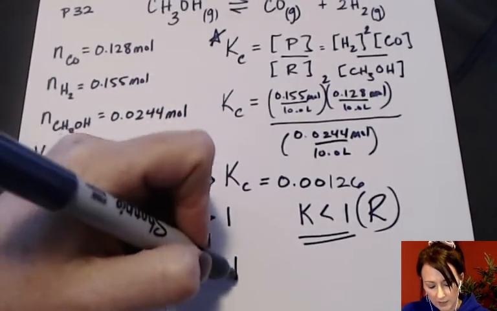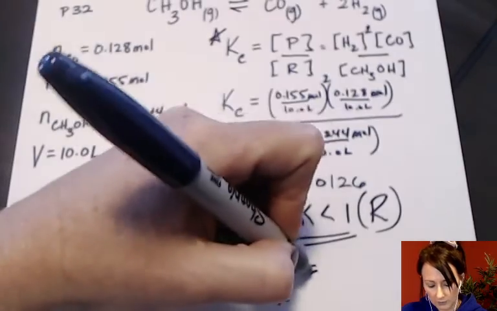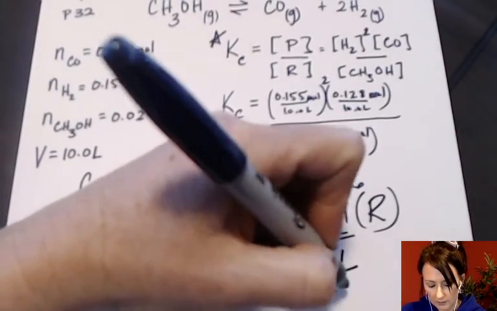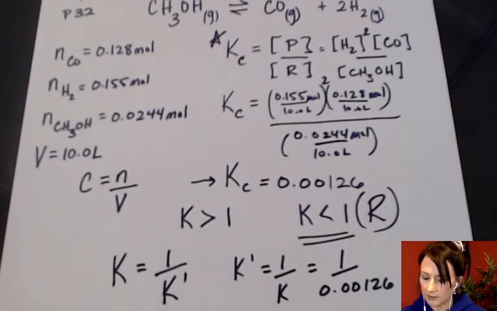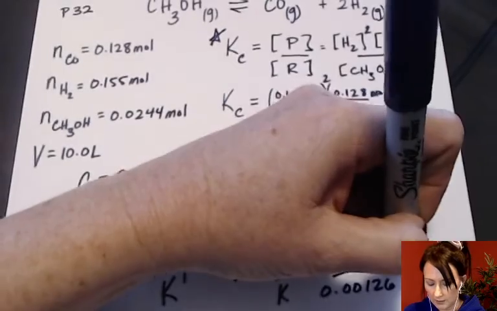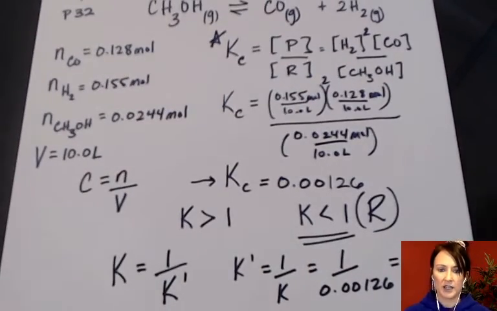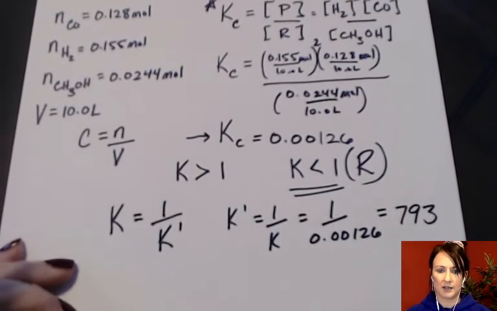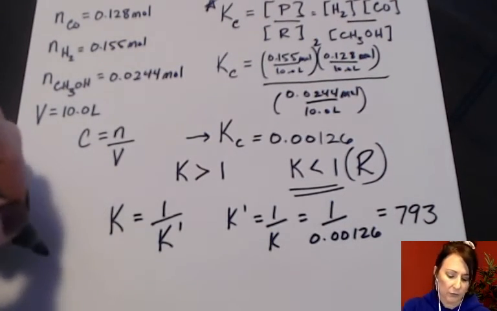So K prime is 1 over K, or 1 over 0.00126, and I'm going to get for that 793. There we go. All right, pretty straightforward, I think, for part C.